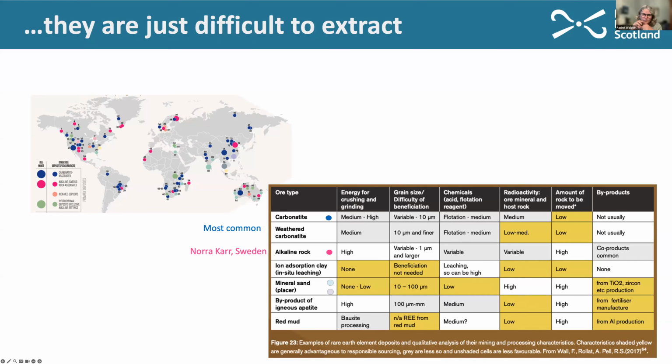And as you can see, the blue, the top layer here, doesn't have a lot of yellow. Most rare earths come from weathered rocks or intrusives, and there's no great way of extracting the rare earths from them without significant environmental damage.